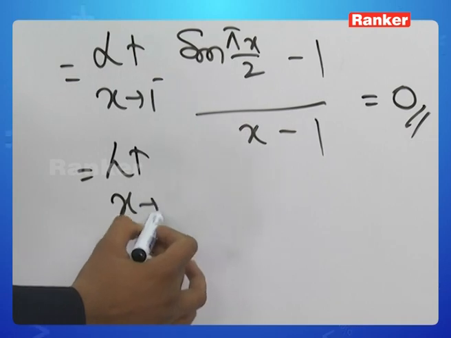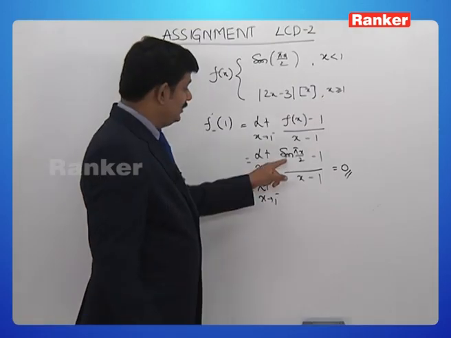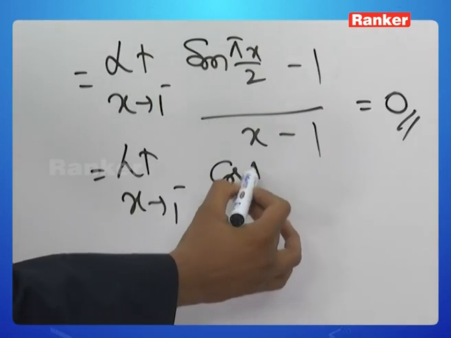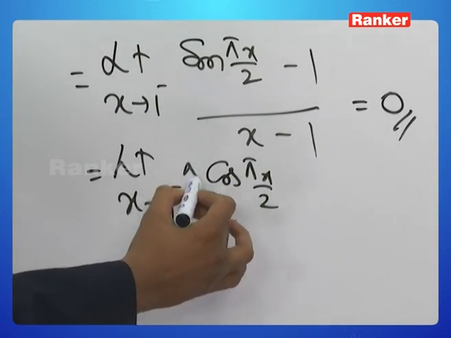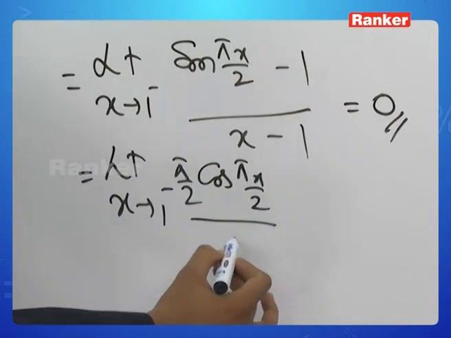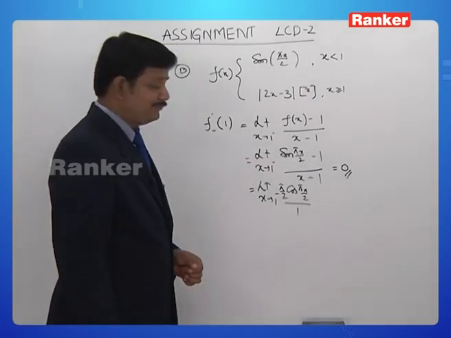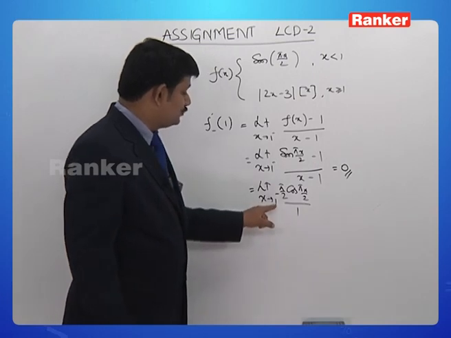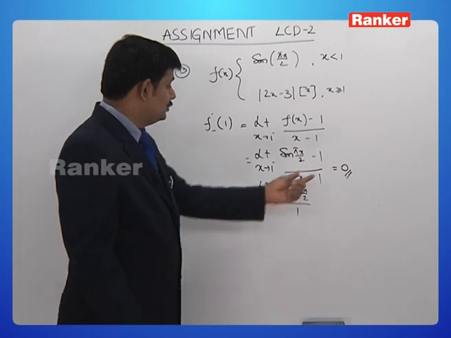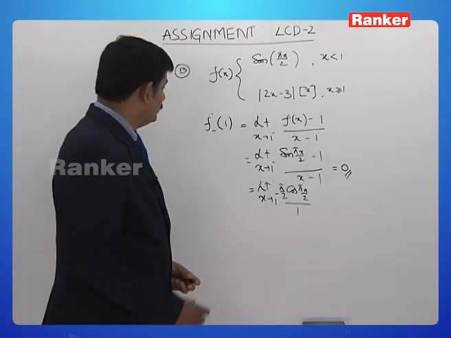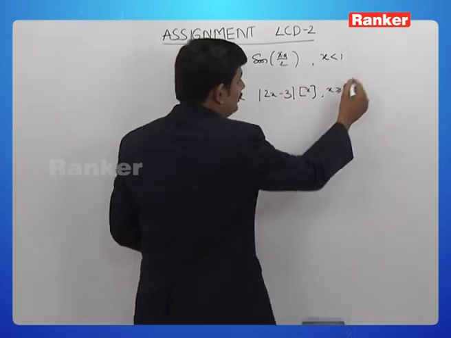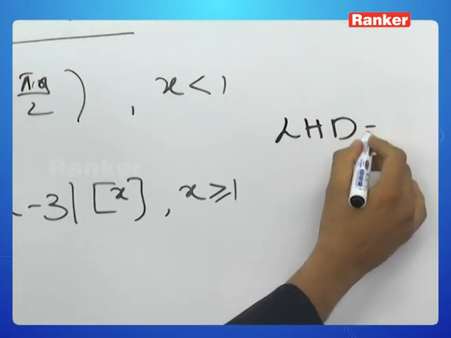Limit x tending to 1 minus, derivative of sin pi x by 2 is cos pi x by 2 into pi by 2, minus derivative of 1 is 0, divided by derivative of x is 1, and as x tends to 1 minus, cos pi x by 2 is 0. So, this limit is going to be 0. So, we can say left hand derivative is 0.